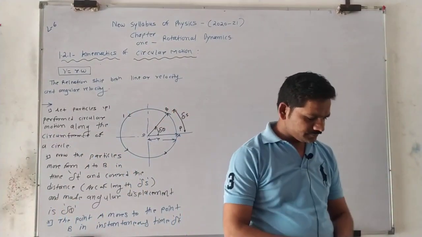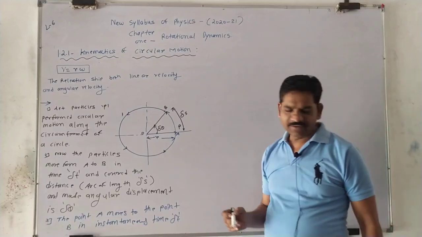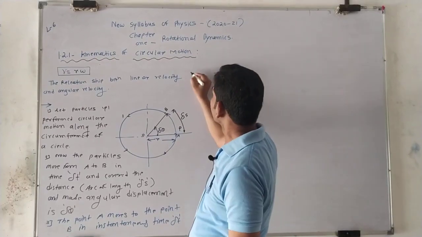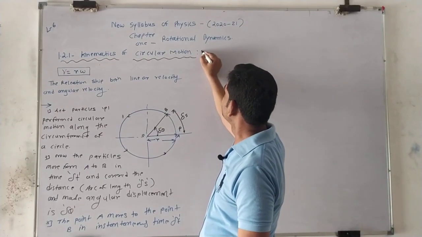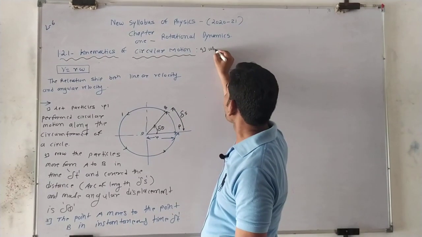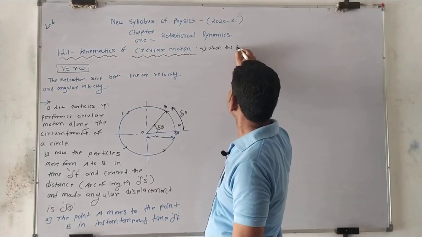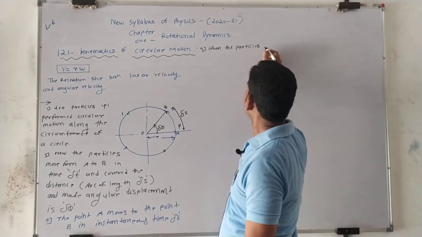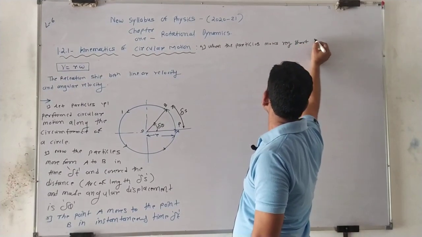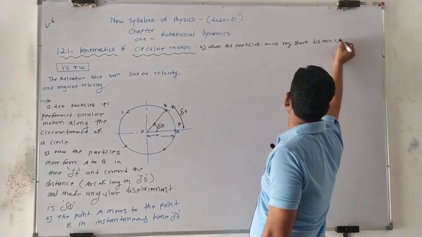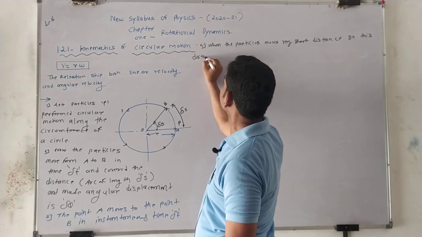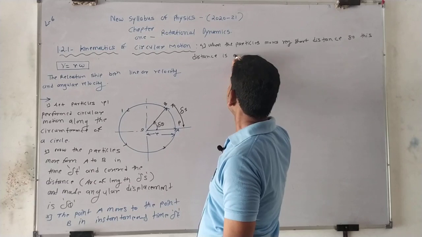So we know, boys, when the particle moves from A to B, a very short distance, fourth point, write down here: when the particle moves a very short distance, this distance is a straight line.